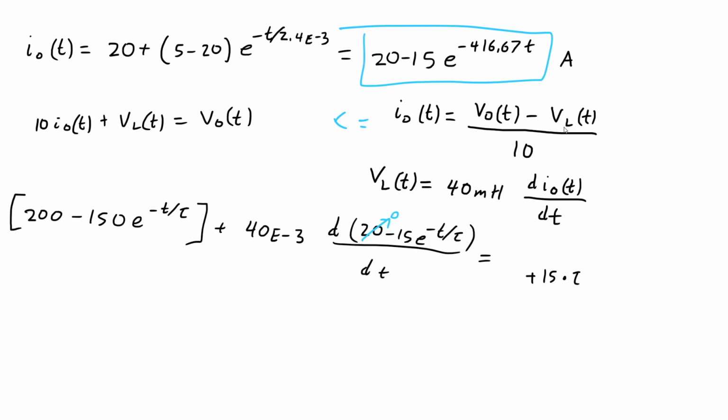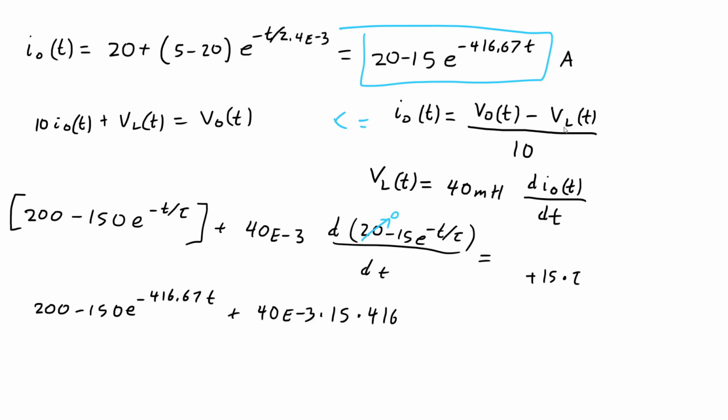Okay. So final expression, let's see, 200 minus 150 e to the minus 416.67 t plus 40 e minus 3 times 15 times 416.